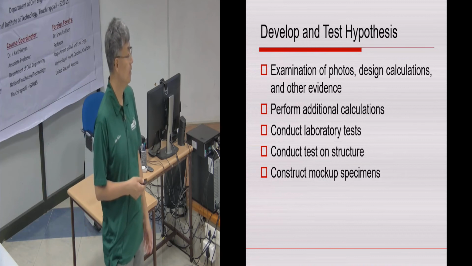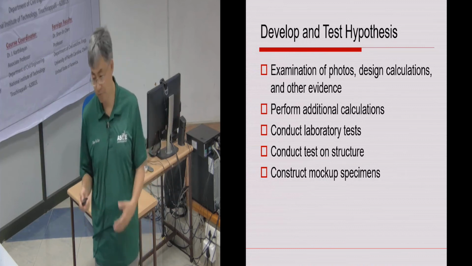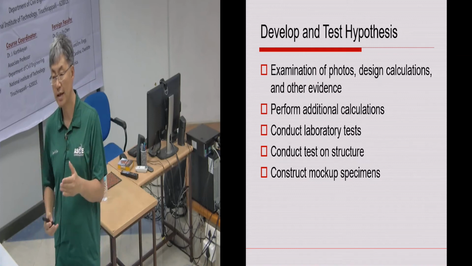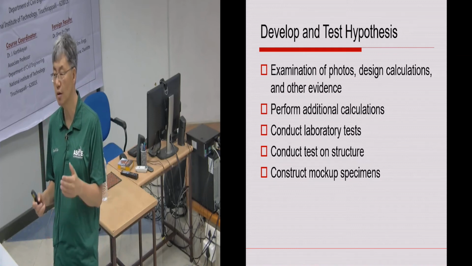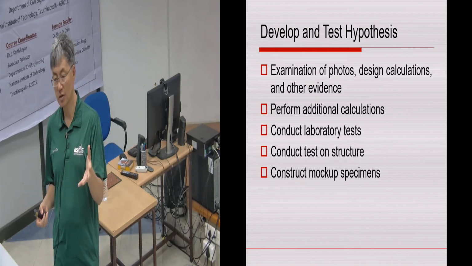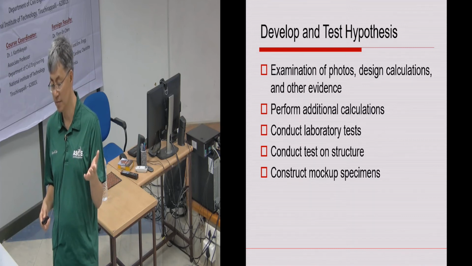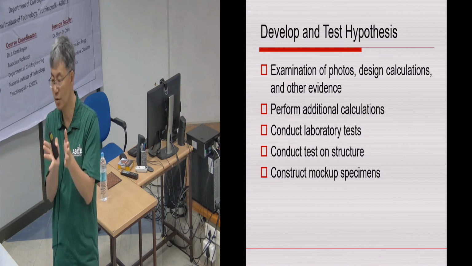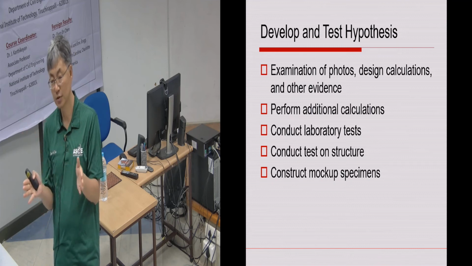As we mentioned, you have to formulate your hypothesis: what happened? Fortunate or unfortunate, a lot of times during forensic investigation you will be talking to enough people that it limits your investigation.